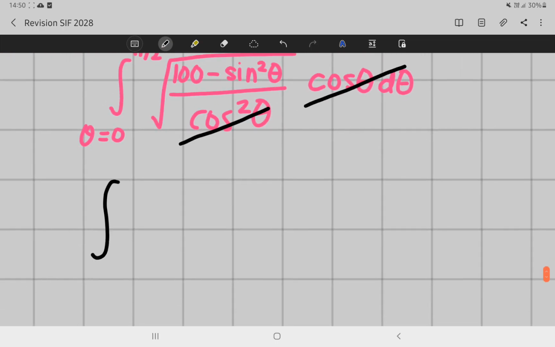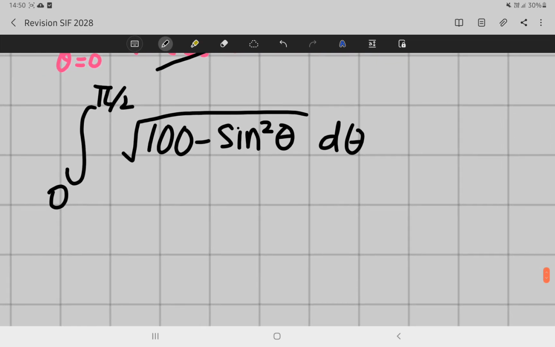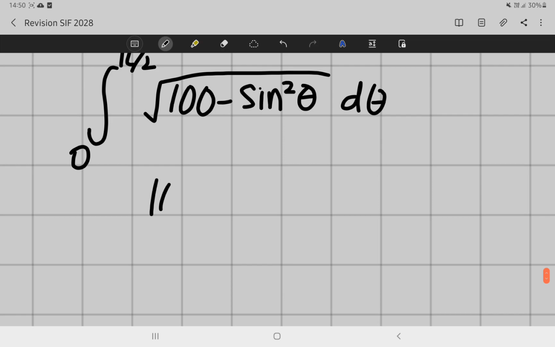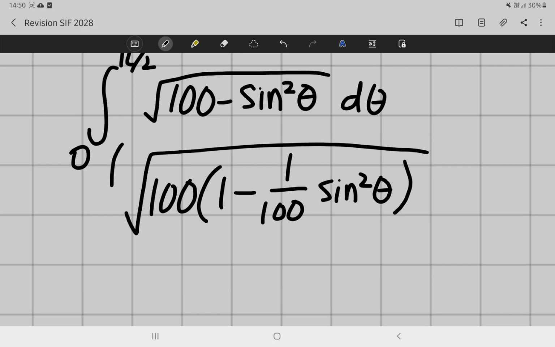So we will have the integration from 0 to pi over 2 of the square root of 100 minus sine square theta d theta. We can factorize the 100: 100 times 1 minus 1 over 100 sine square theta, integration from 0 to pi over 2, d theta.